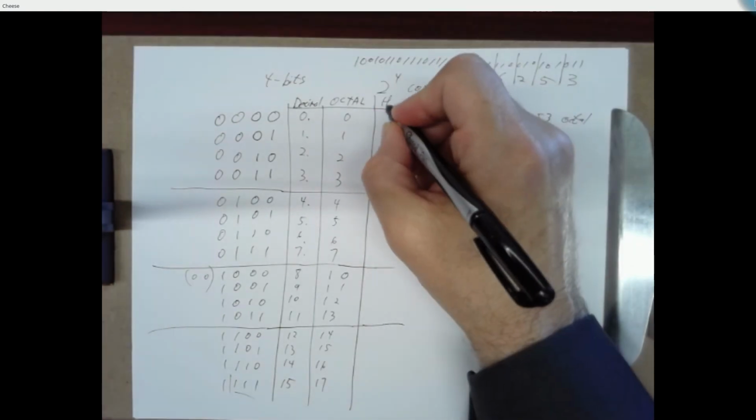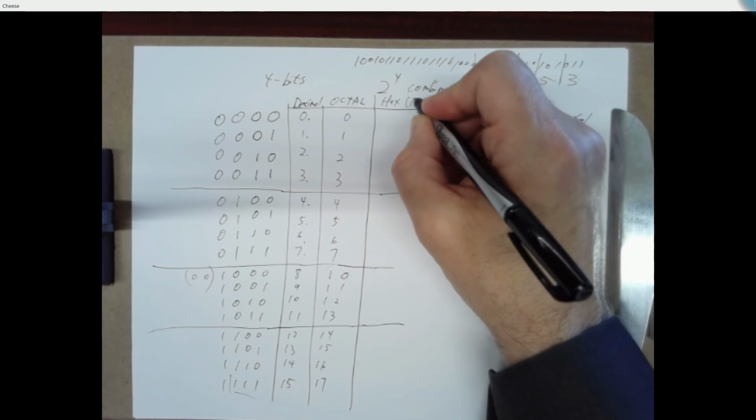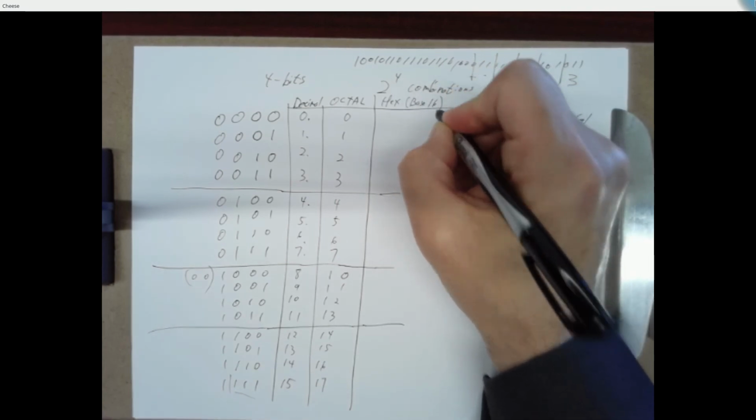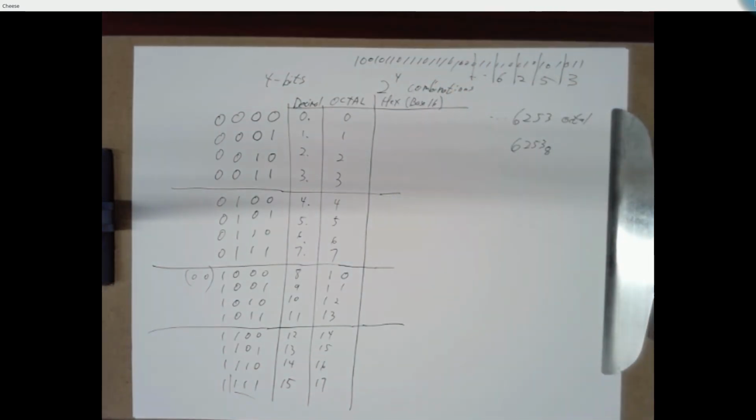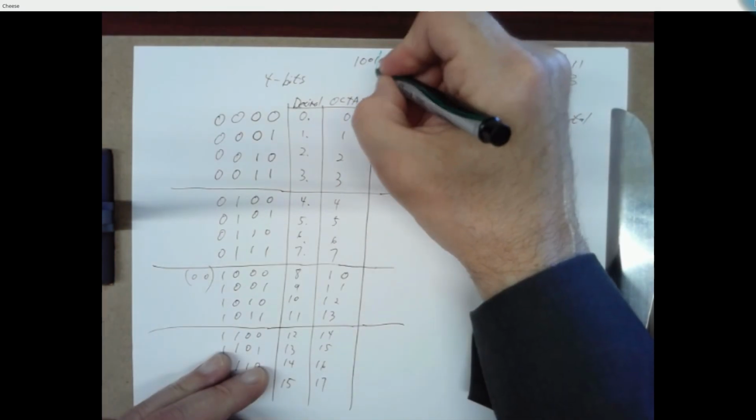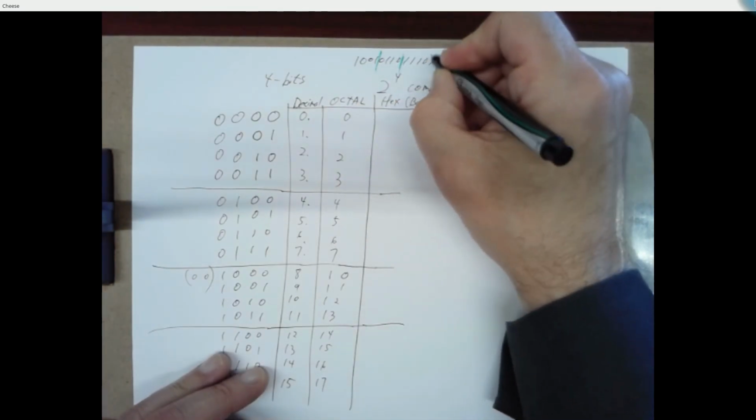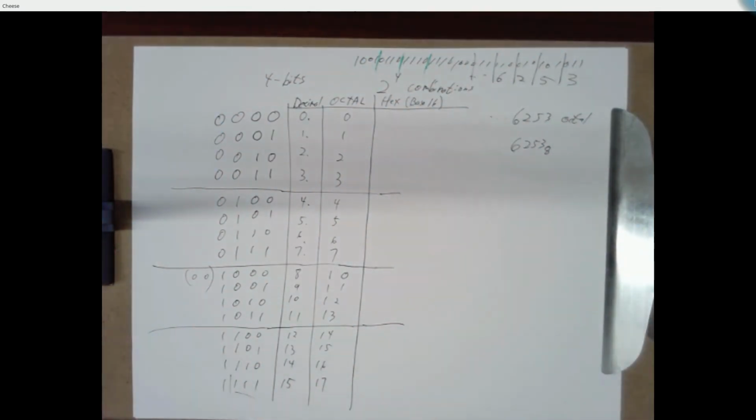Well, we can go in the other direction, and we can talk about something called hexadecimal, which is base 16. In hexadecimal, we break our number into groups of 4 bits. It works better to break things into 4s rather than 3s, because 16, 32, 64 are multiples of 4, and 4 itself is a power of 2.